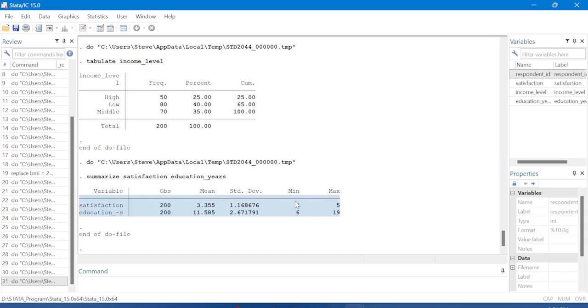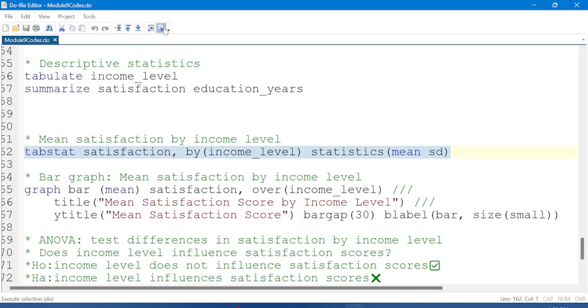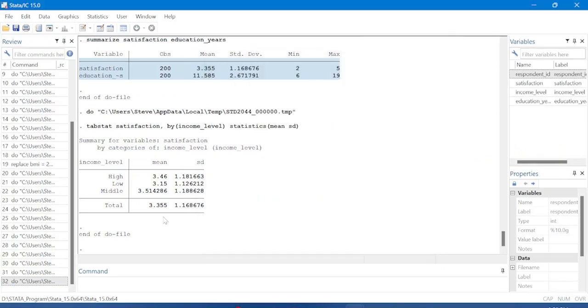And satisfaction, minimum satisfaction, which means dissatisfied, is 2, and highly satisfied is 5. A cross tabulation. So this is the satisfaction score. So you realize that the happiest are from the middle group, followed by the high group, and then finally the low group.